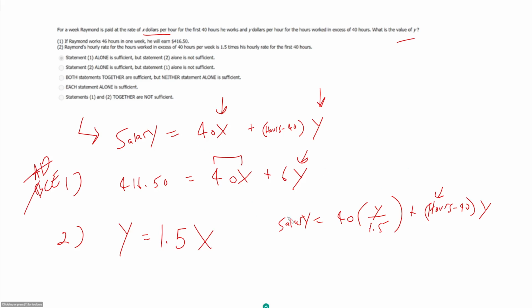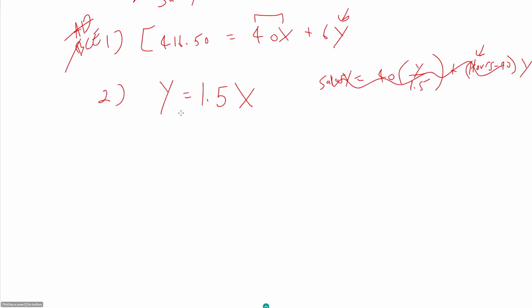So we can forget about this because we have this equation here from statement 1. And now it looks like I should be able to solve for Y, because if I can solve for X, I can definitely solve for Y. And so if I just plug in 1.5X for Y here, for 416.50 is equal to 40X plus 6 times 1.5X.